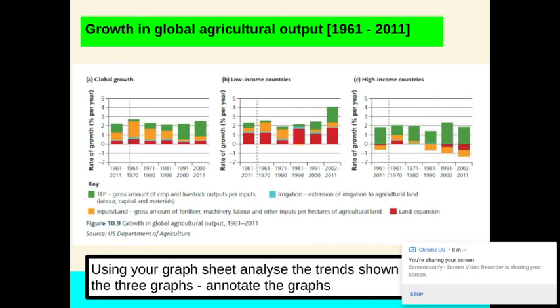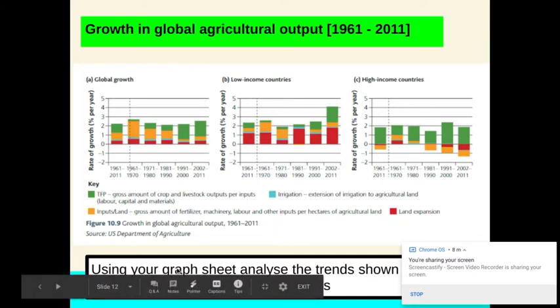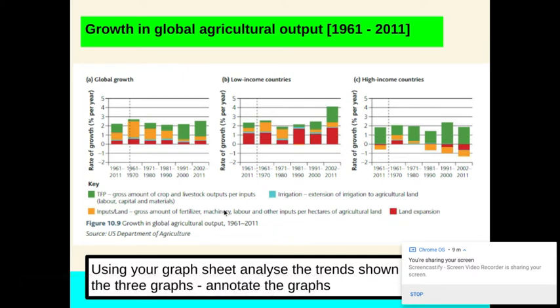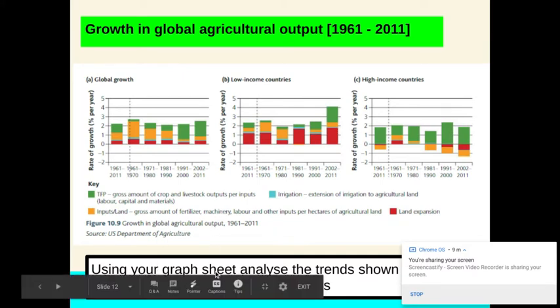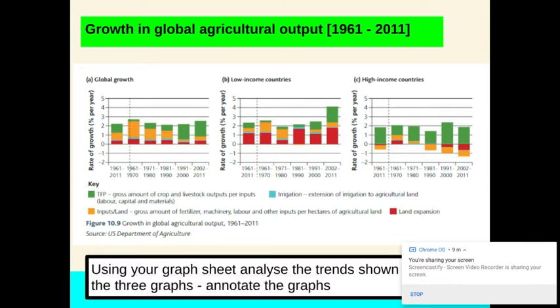So look across here at global growth, low income countries and high income countries. Use the key down here, okay, and then answer that question. So it says using your graph sheet, that's the one that's on the Google Classroom. All right, and you can just simply type on your doc underneath.